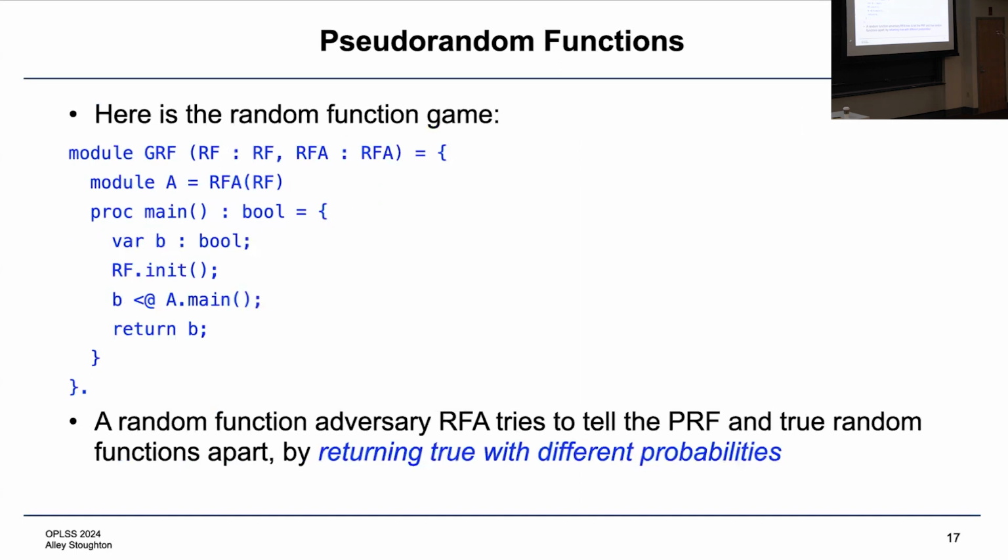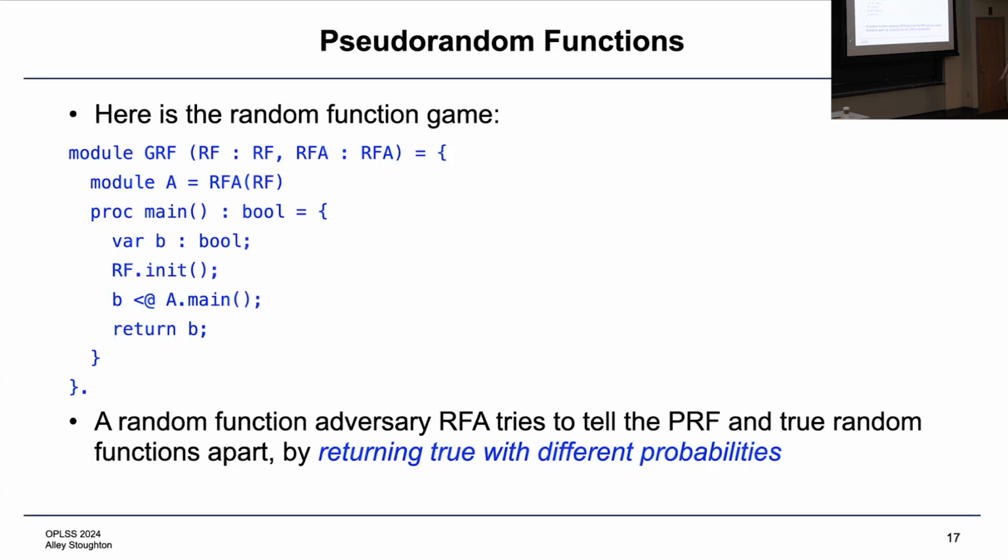So we give the random function game a random function and a random function adversary. We connect the adversary to the random function. We initialize the random function. In these standard cases, that's either picking the PRF key or it's initializing the text map to be empty. And then we let the adversary experiment with the F procedure to its heart's content. And it returns a Boolean, which is returned as the result of the game.